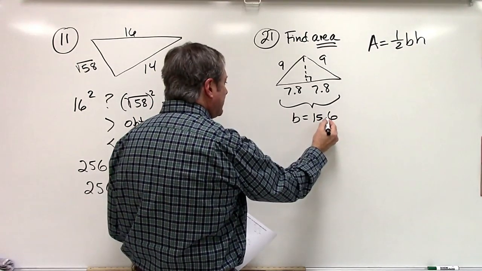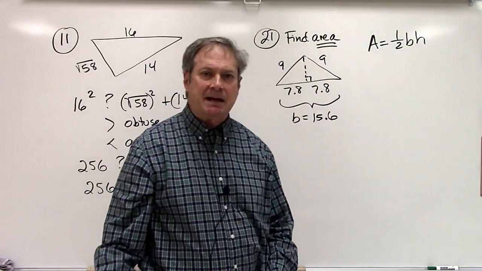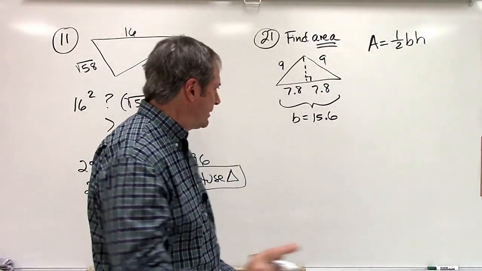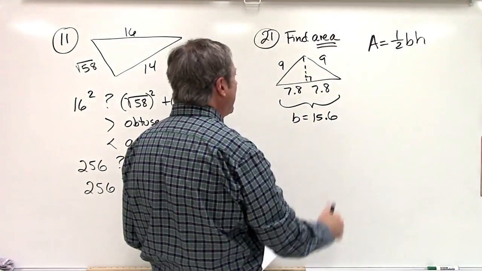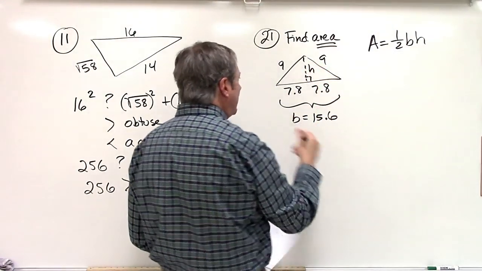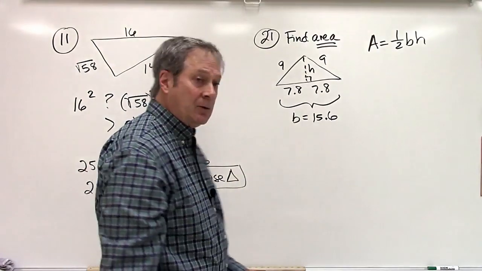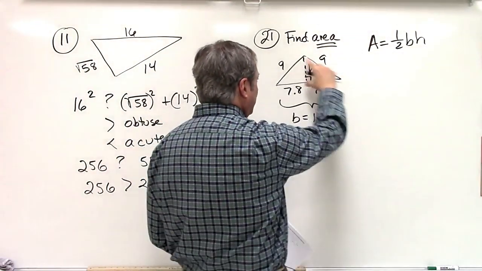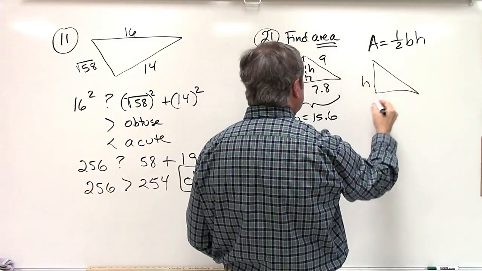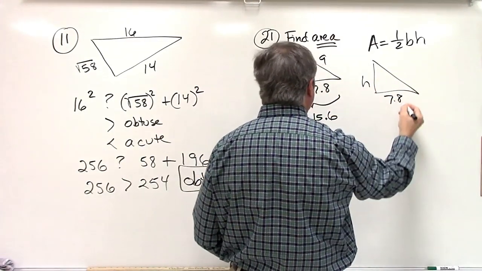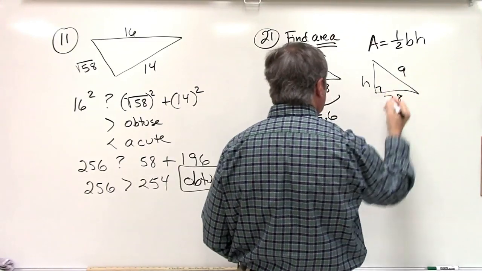Now notice the directions want you to round it off to the 10th spot. So keep that in mind. So this is the base. All right, what's the height? The height is right here. Well, how are we going to get the height? Well, Pythagorean Theorem. So let's isolate that right side to find the height. This leg is 7.8 and the hypotenuse is 9.